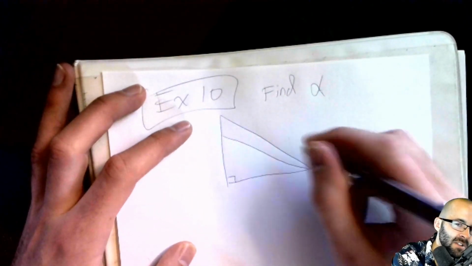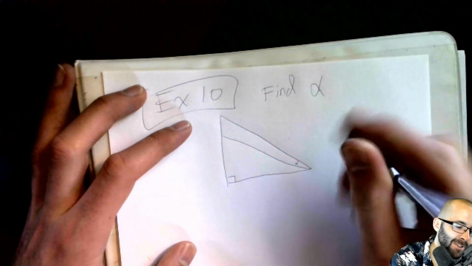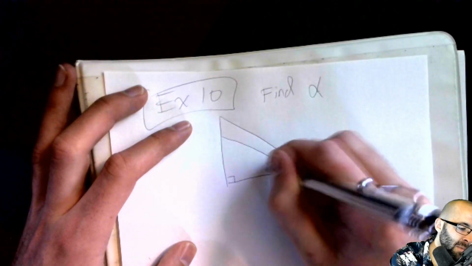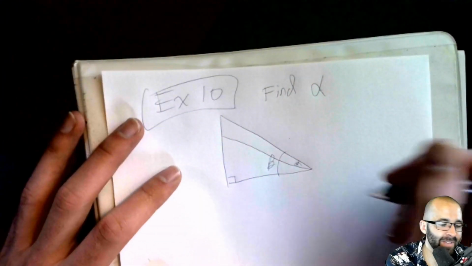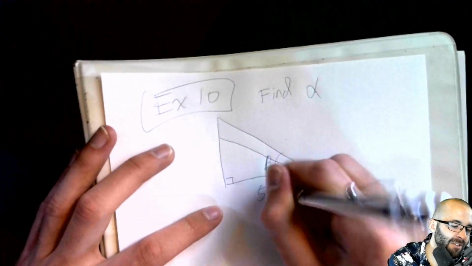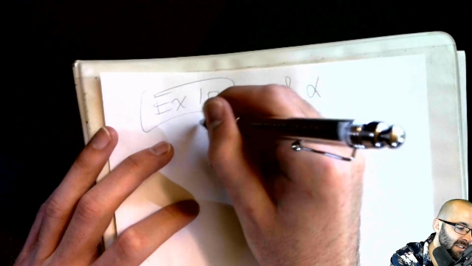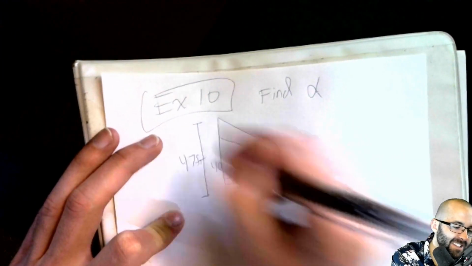And if you don't have a picture, draw it. So alpha is this little guy. It looks really small. And beta is the big boy. You might think alpha would be the big boy, but I don't know. Betas are in right now, I guess. All right, and 50 feet is a horizontal distance. 40 feet is the small distance, and the big distance, the beta distance, is 47 feet.